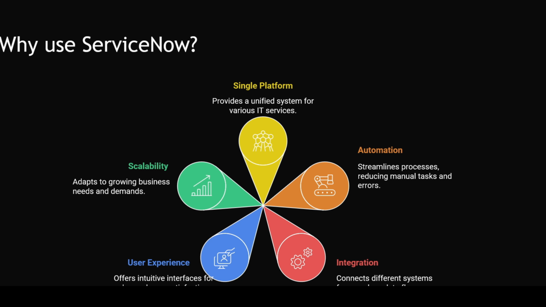Automation: repetitive tasks like incident handling, approvals, and notifications can be automated. Integrations: ServiceNow can integrate with almost any third-party systems like Active Directory, Jira, SAP, Azure, AWS. User experience: employees and customers can use portals, catalogs, and chatbots to easily request services.